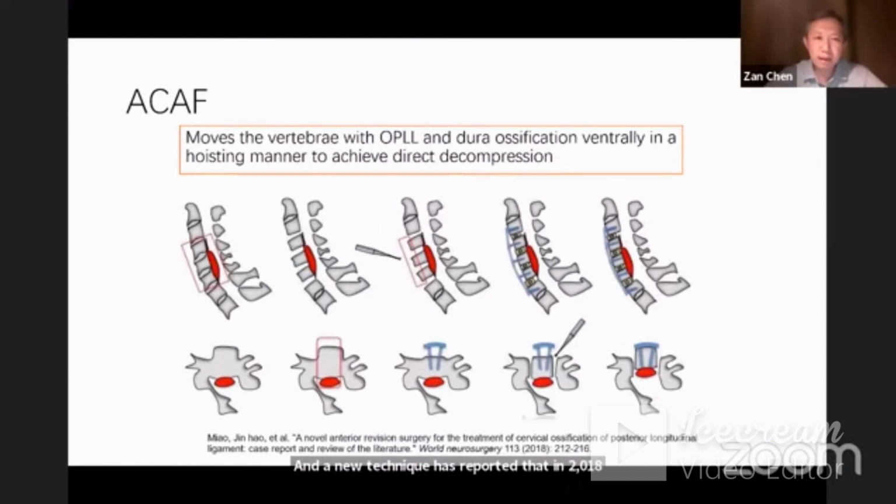It's called ACAF. With this technique we enlarge the cervical spinal canal by the anterior approach and do not need to remove the OPLL lesion. So we can reduce the incidence of CSF leak.